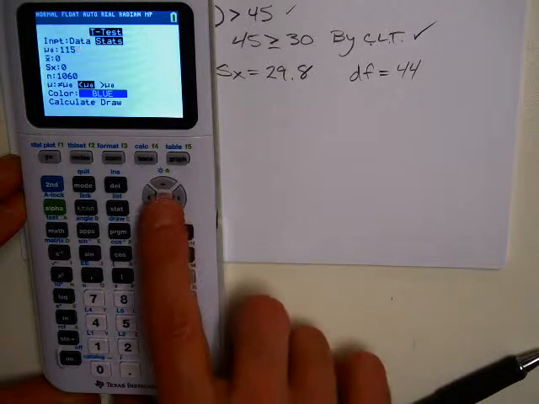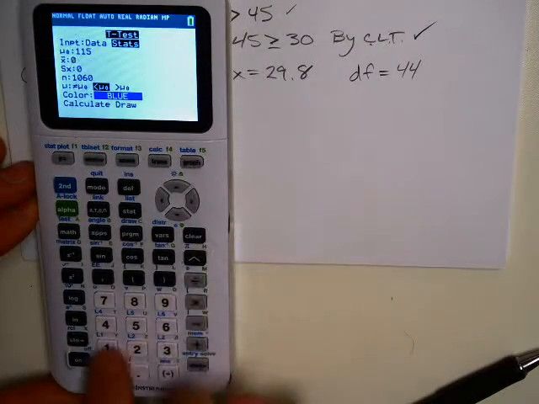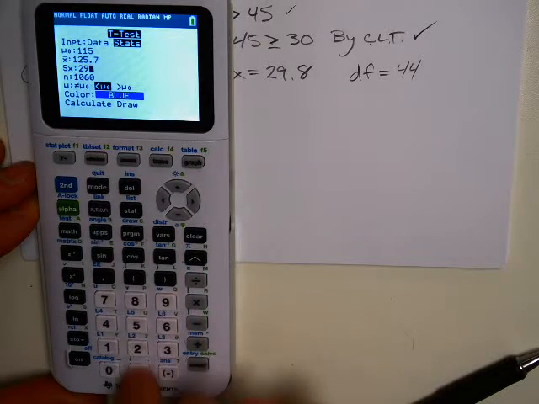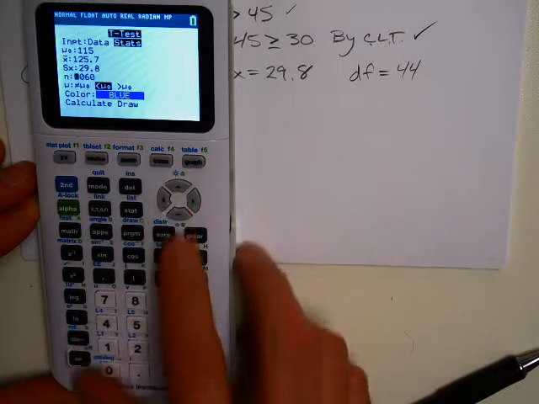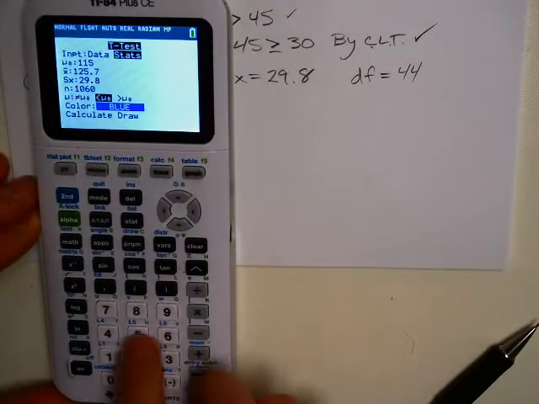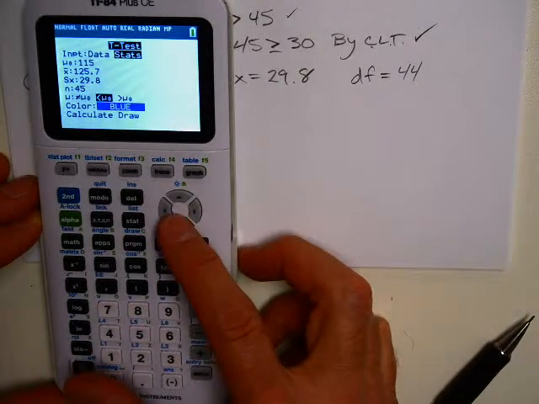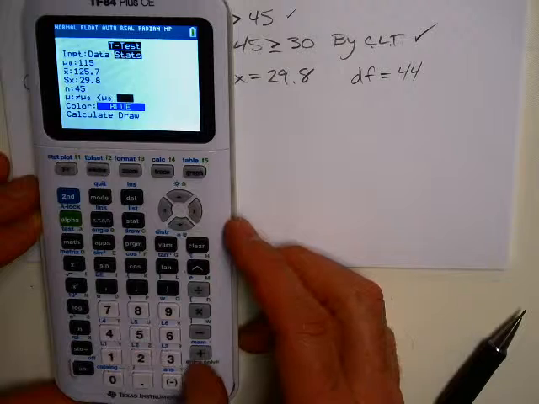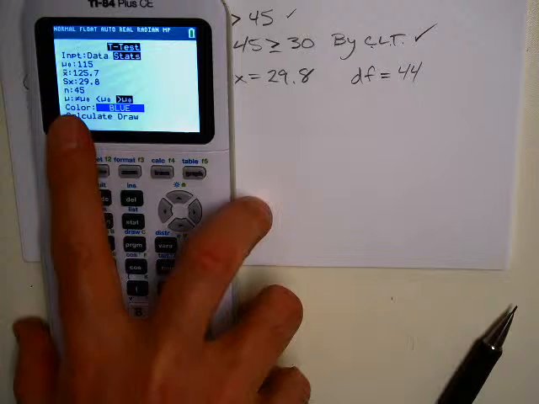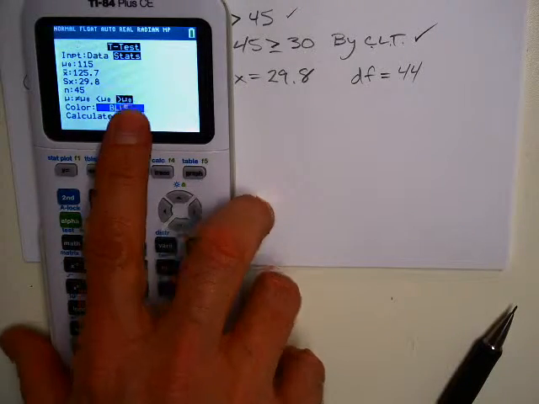And X bar is 125.7. And Sx is 29.8. We've got 45 for sample size. And she thinks that it is greater than. That her mu, the average of the older students, is greater than the average of all students.